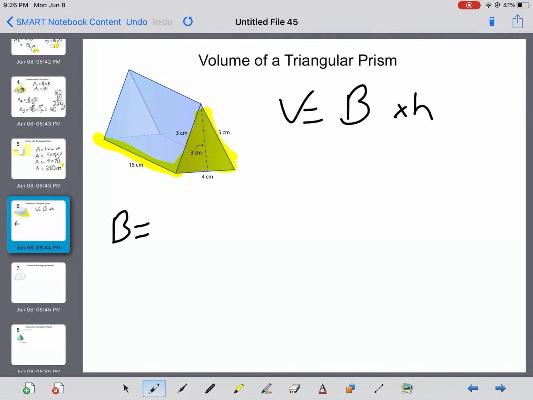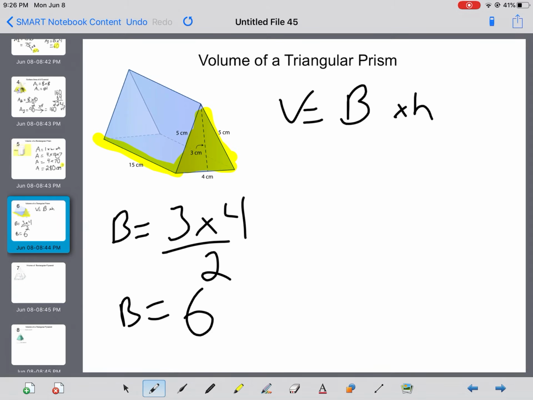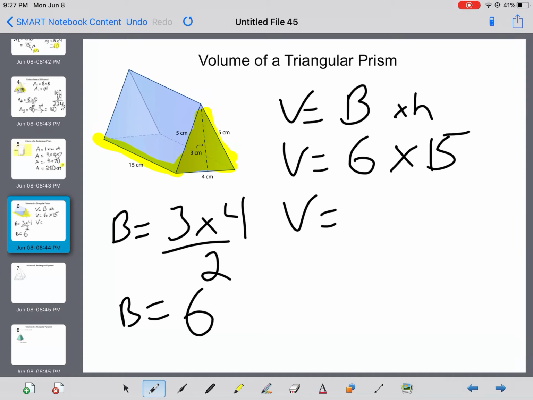So first, if I wanted to find the area of that base, it would be 3 times 4 divided by 2. So the area of my base is actually 3 times 4 is 12, divided by 2 is 6. So then I get 6 square centimeters times the height, which is 15, and I would get 6 times 15.